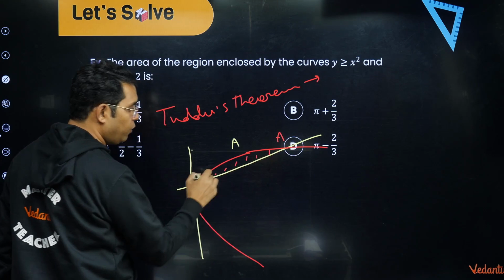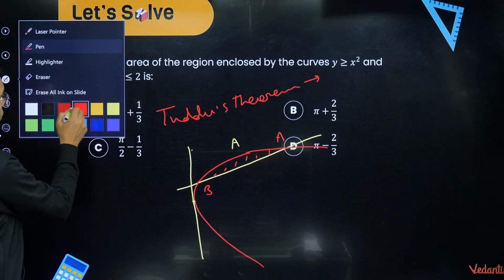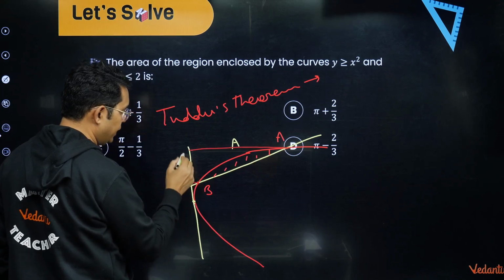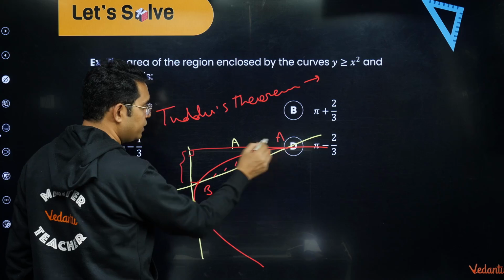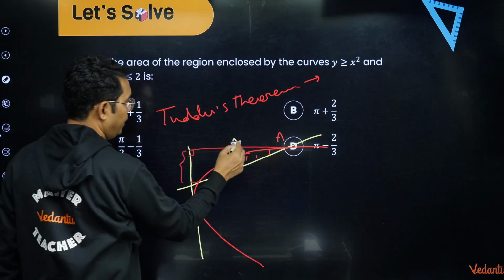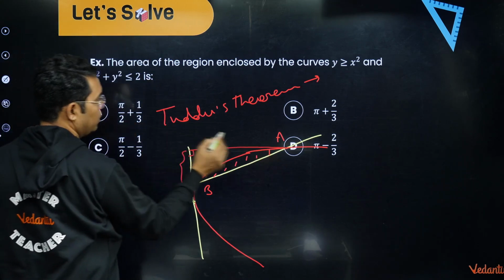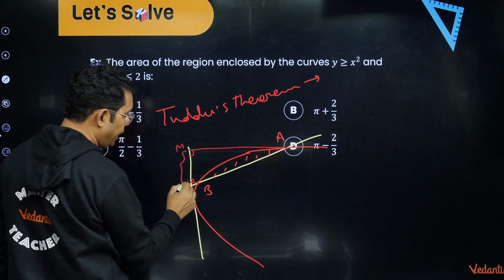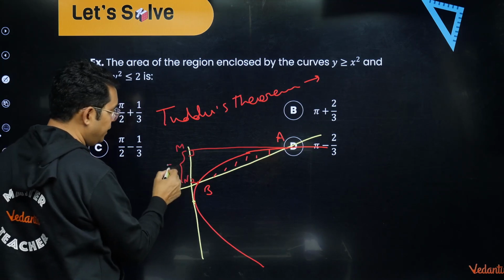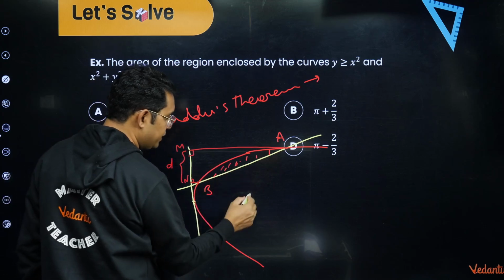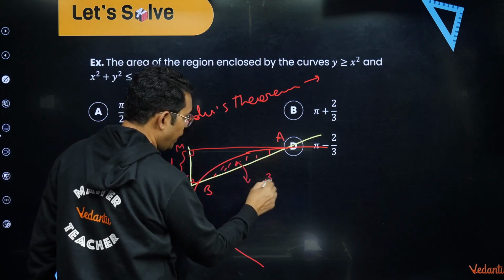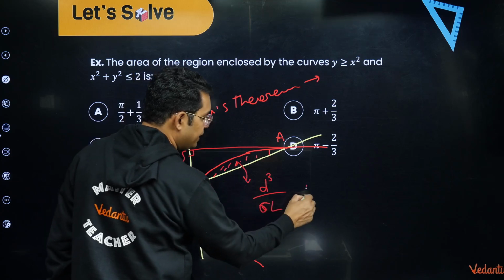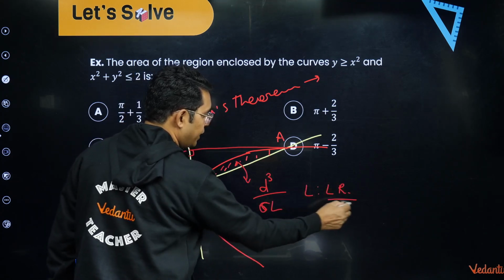If you are looking for this area, what we need to do is take the projection of this AB on the tangent at vertex. So drop a perpendicular from point A, let's say M, and drop a perpendicular from B, let's say N. And this length I call D. So this area is always D cube upon 6 times L, where L is the length of the latus rectum.